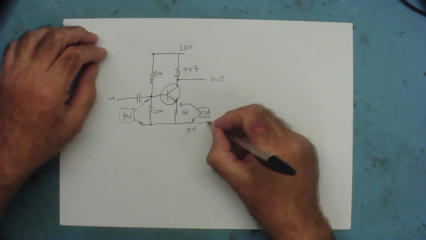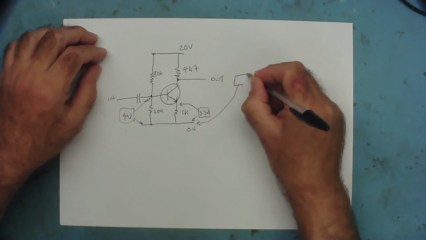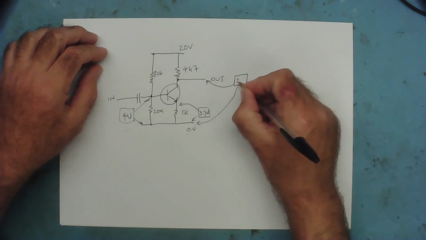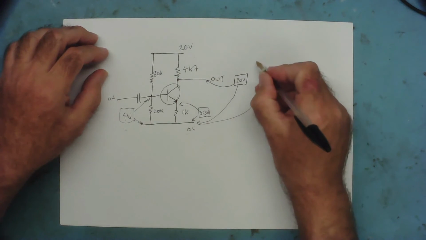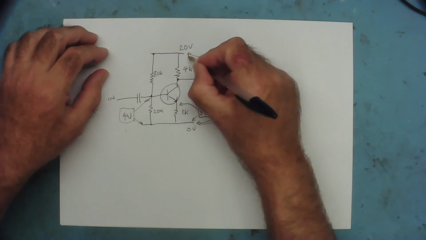We now measure from ground to the output, the collector, and here we see 20 volts. And then again we measure from here to the power supply, and we see 20 volts.